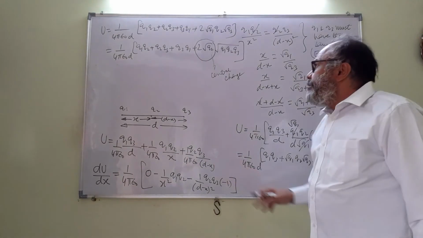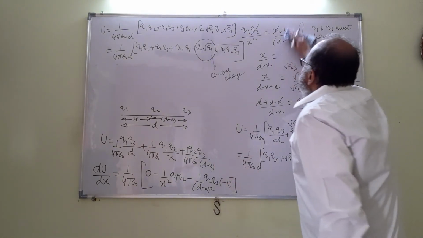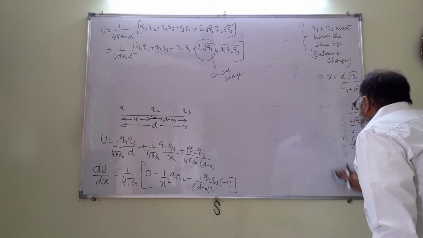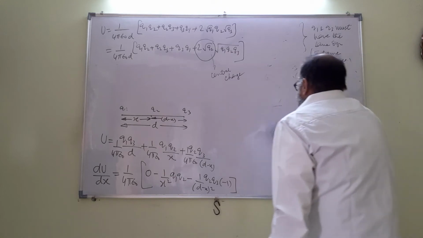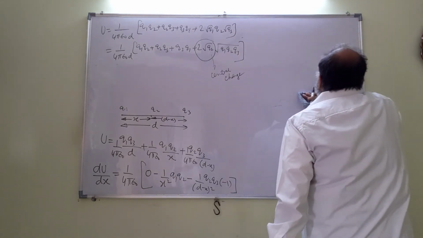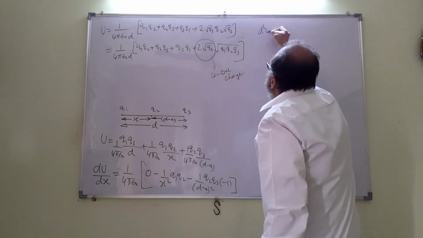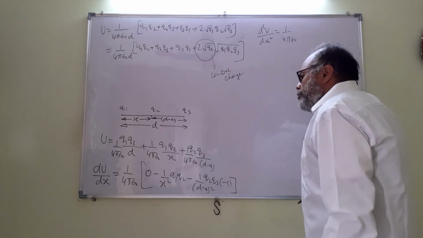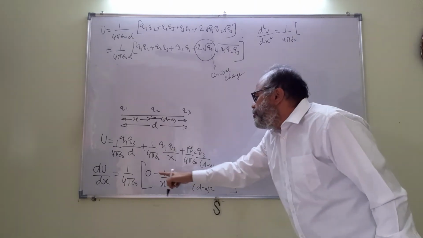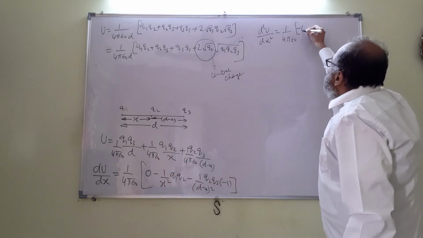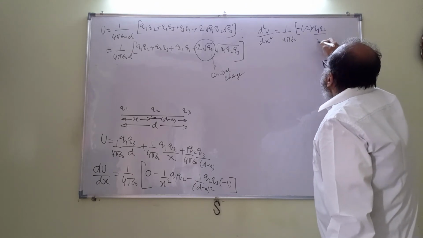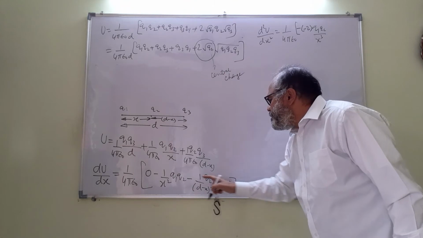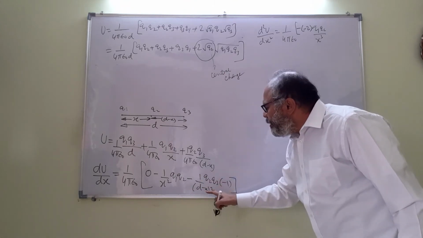Let us take the double derivative of this. d2U by dx squared would be 1 by 4 pi epsilon naught into this would be minus 2, so minus 2 by Q1 Q2 by x cube, and this minus and minus will be plus, and here you will have a minus 2 and derivative of minus x will be minus 1.